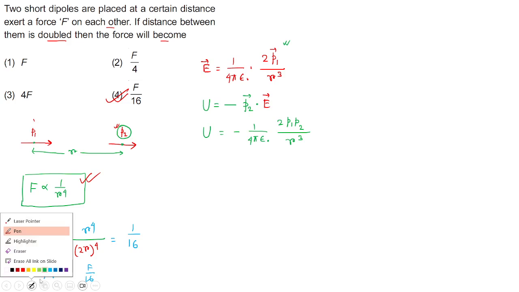Now I would like to get the force between the dipoles.